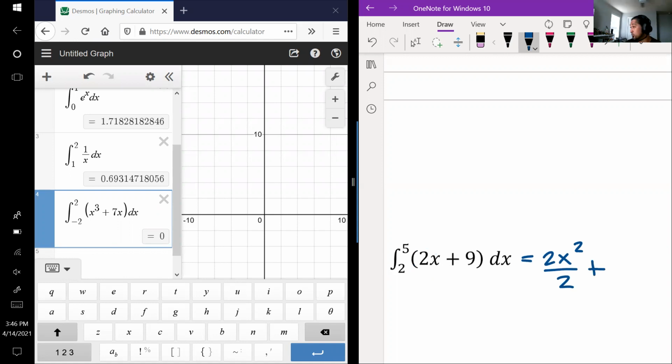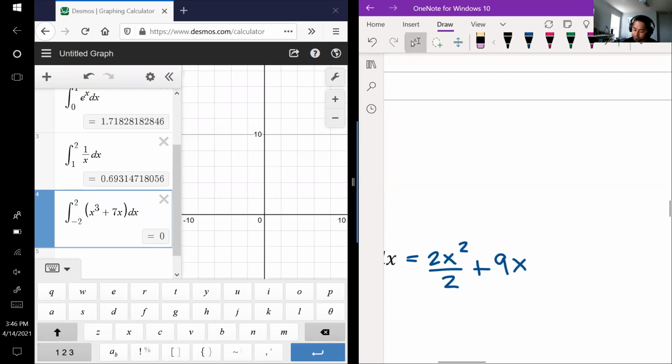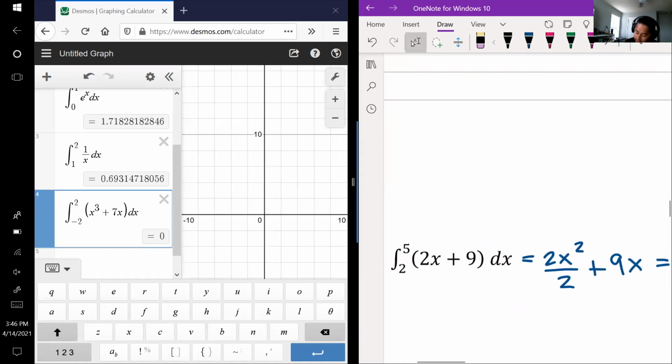Second one is constant rule. The antiderivative of 9 is 9x. And we will evaluate from 2 to 5. I can actually simplify this one more time and just make it x squared plus 9x because your 2's cancel there. Okay, and we're evaluating from 2 to 5.